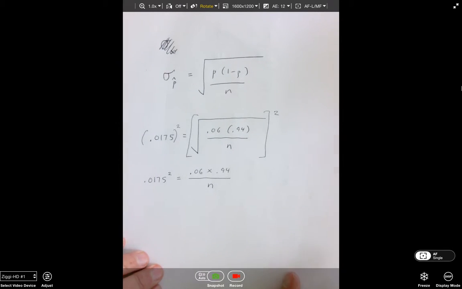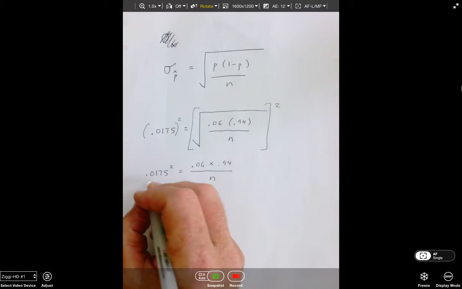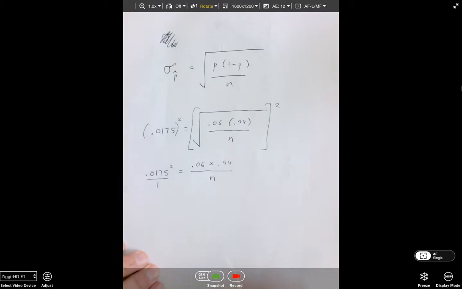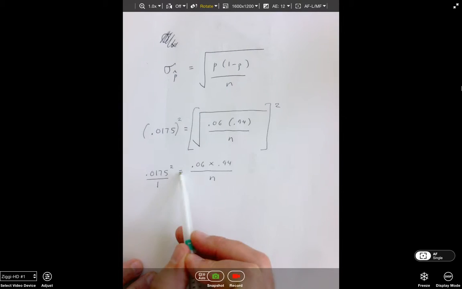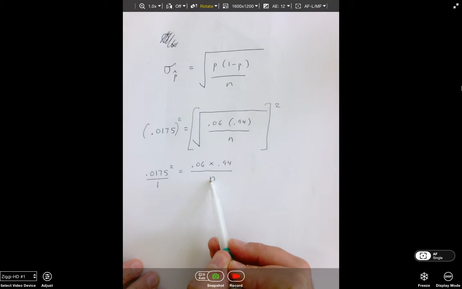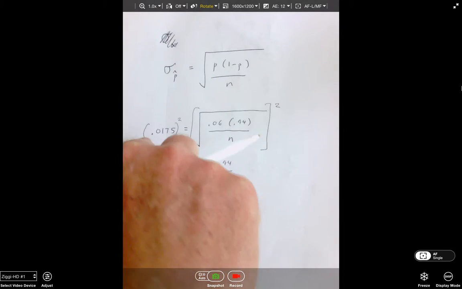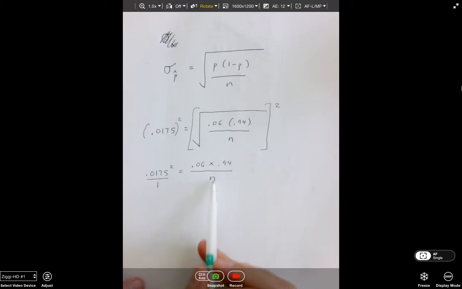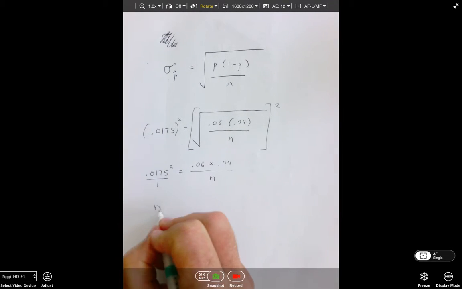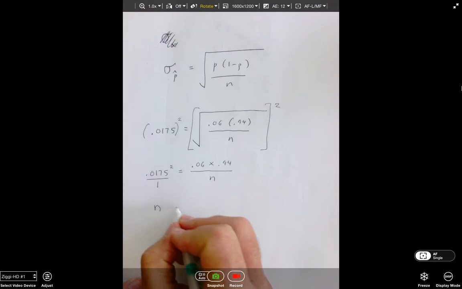Well, guys, that turns out to be really handy in this situation because if you'll allow yourself to think about that being over 1, we have a fraction equal a fraction. And what it tells me is I can take what's in the upper left-hand side and what's in the bottom right-hand side, and I can change those. I can put the n up here, over 1, but that's redundant.